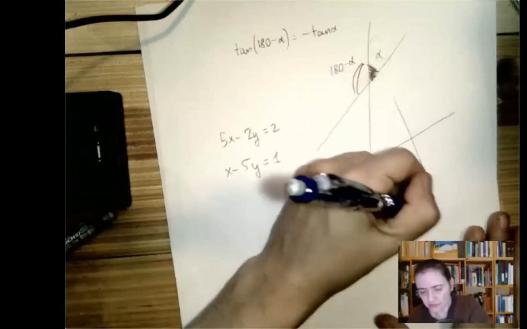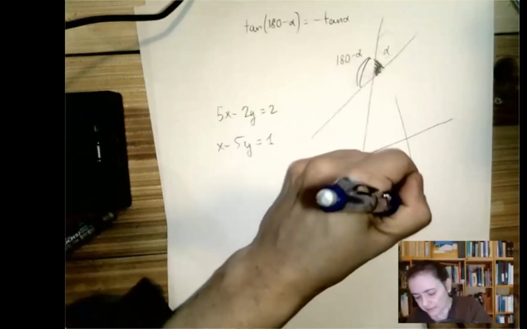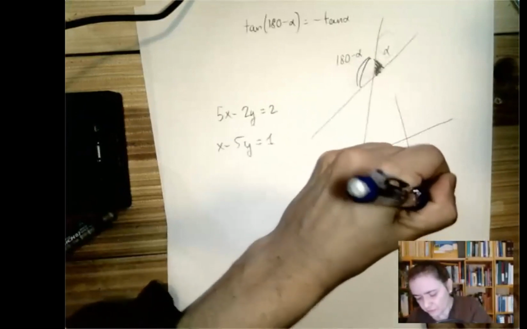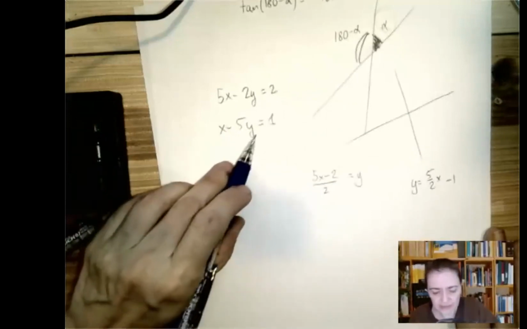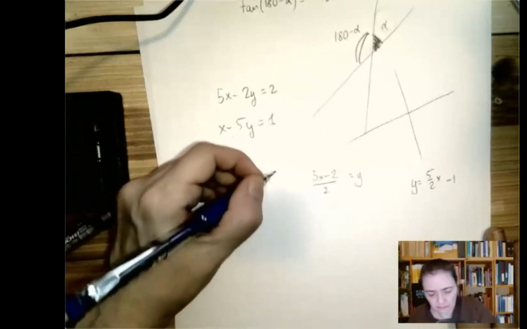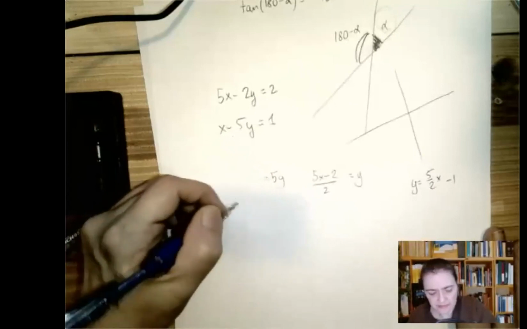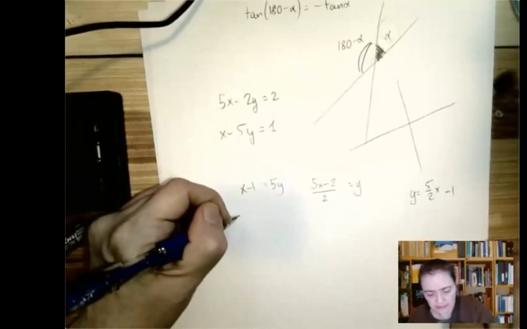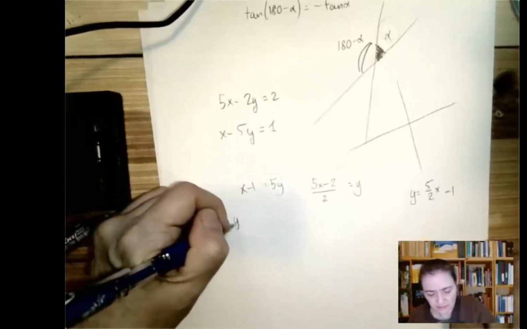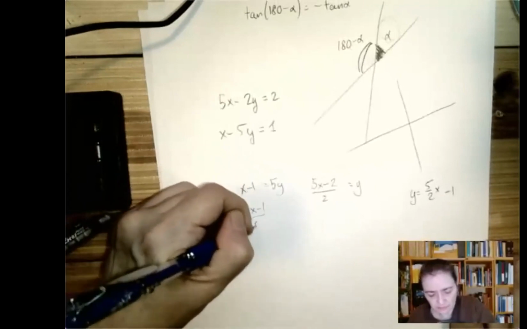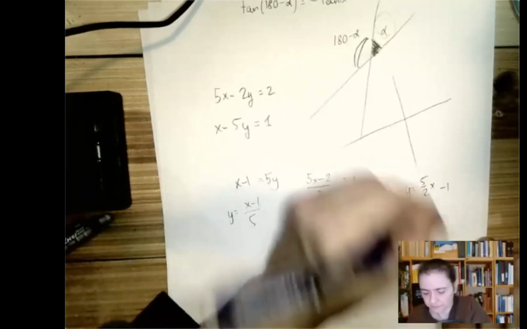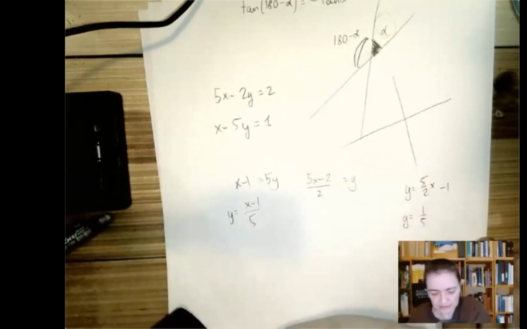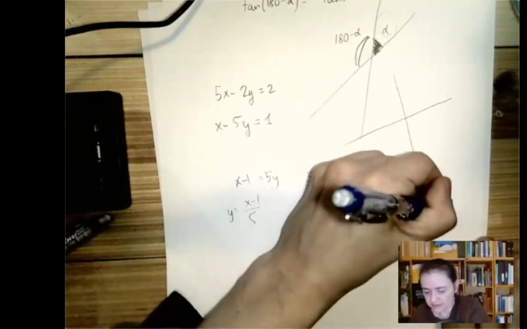So the first equation is y equals 5 over 2 x minus 1. And the second one, 5y on the right-hand side is x minus 1. So we get y equals x minus 1 over 5, or y equals 1 over 5 x minus 1 over 5.